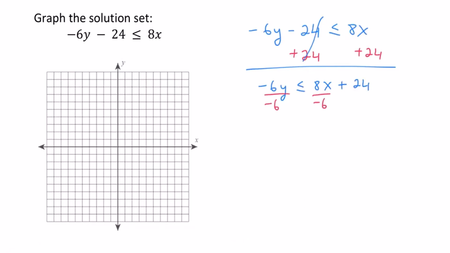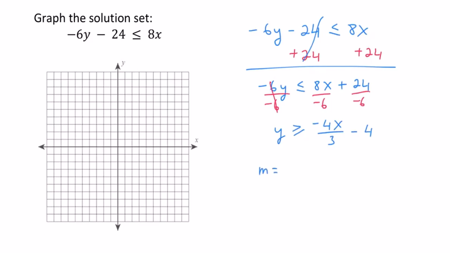Divide the negative 6 over. So here we divided by a negative number, so the inequality sign flips around. So we have y is greater than or equal to negative 4x over 3 minus 4.